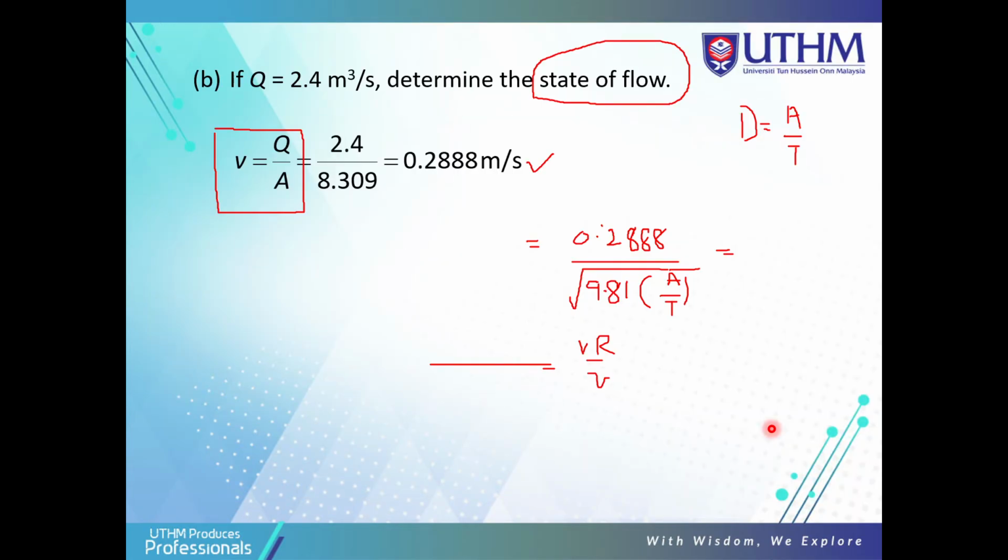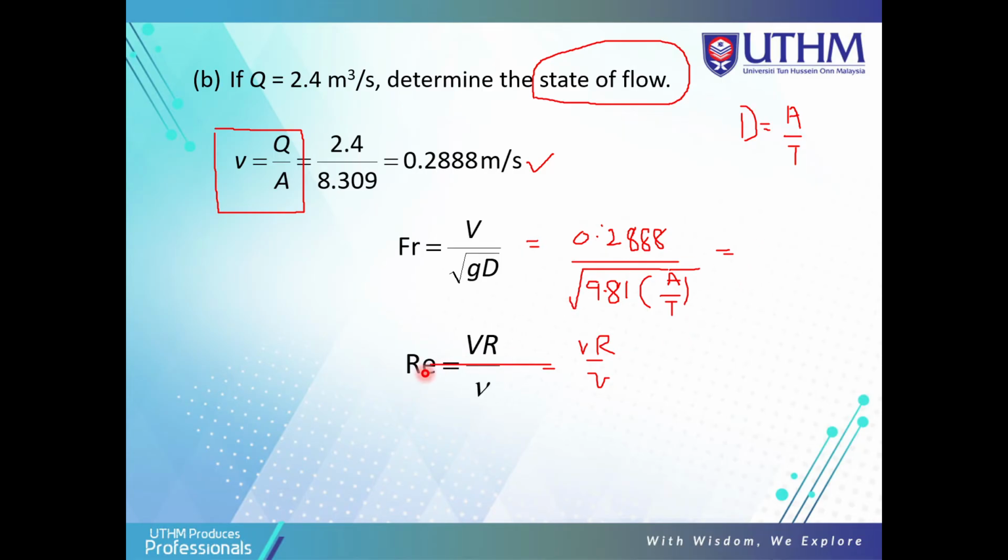Using the Froude number, you get the velocity, 0.2888, and put it here. G is 9.81. To get D, D is A divided by T, so you must find A over T based on the previous calculation. So you get the value.